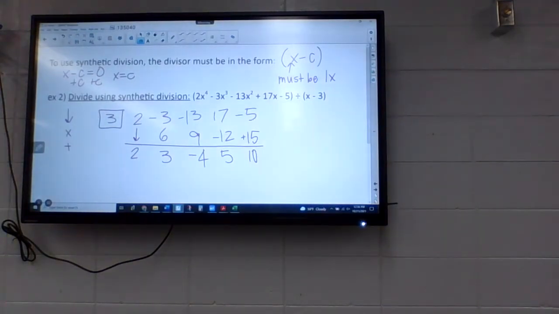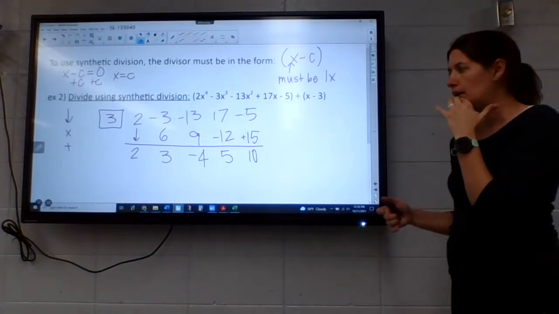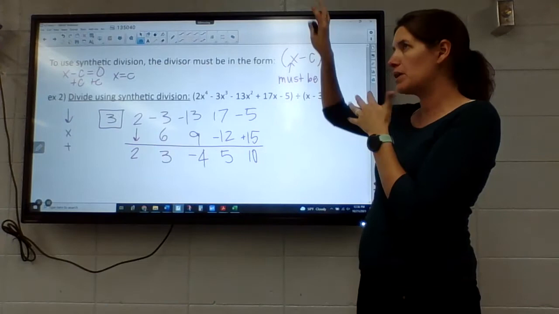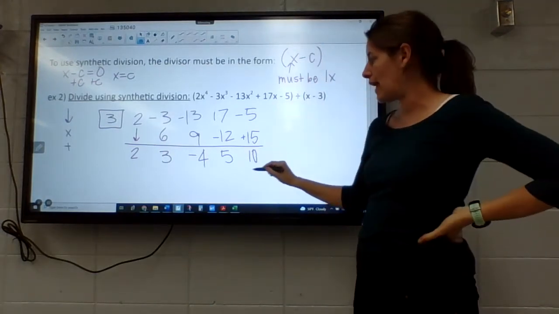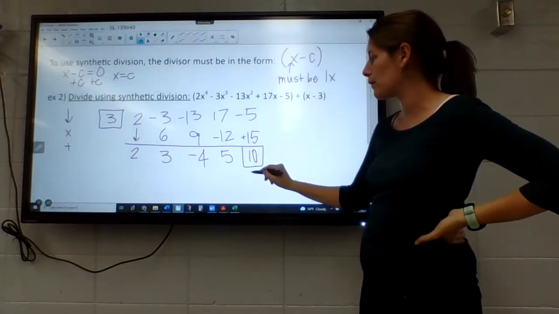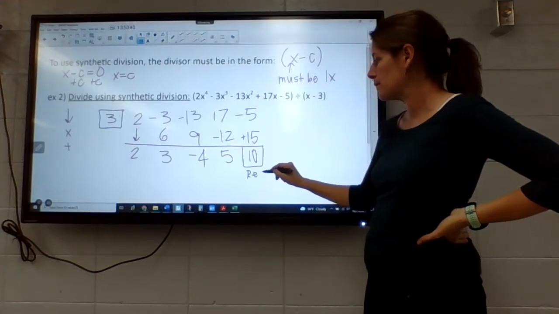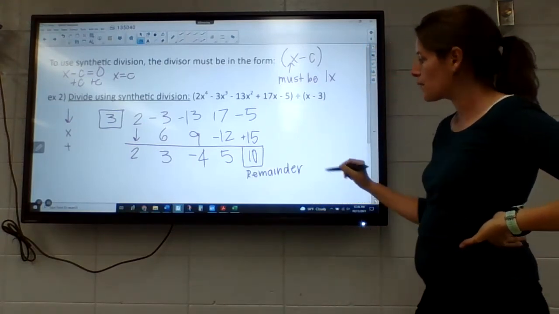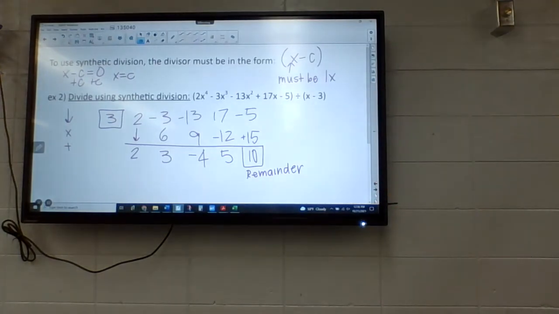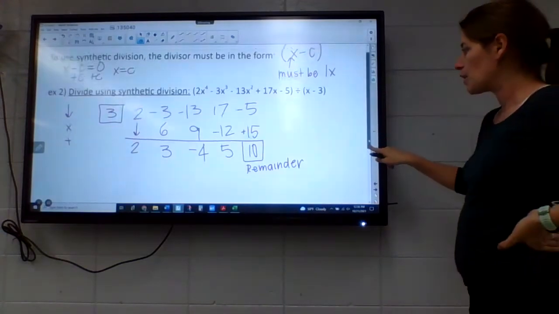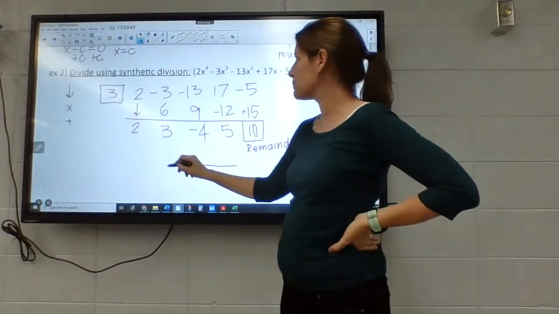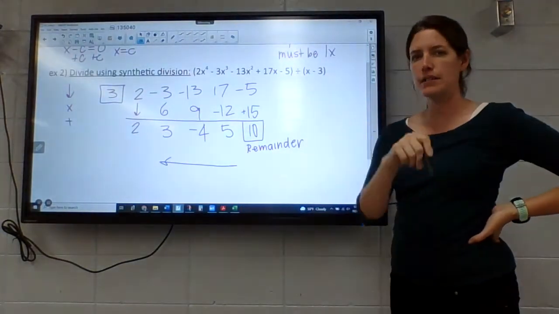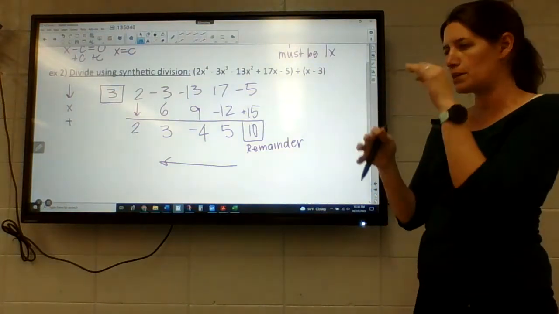All right, so what we care about now is what the new polynomial is. Now, remember that in that last problem, this was the answer. This is technically going to be our remainder. And when I go to write this polynomial out, you kind of go in reverse. So if that's the remainder, we're going to work our way this way to explain what all the other terms are.